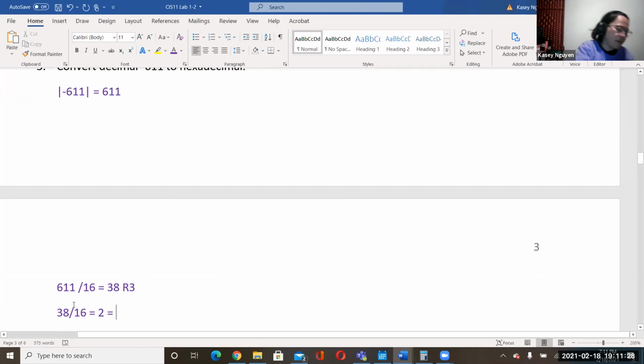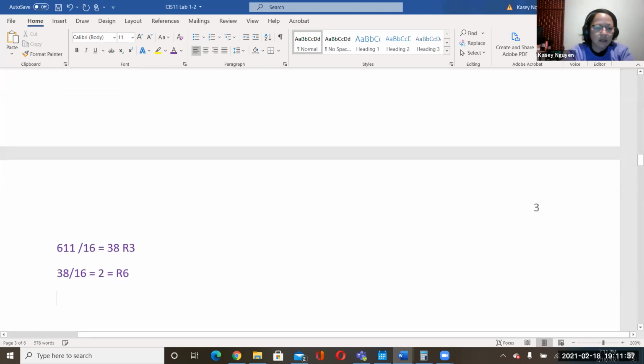Let me check my math real quick so I make sure I'm correct here. 32, which is an R6. And then 2 divided by 16, which is a 0 with an R2.